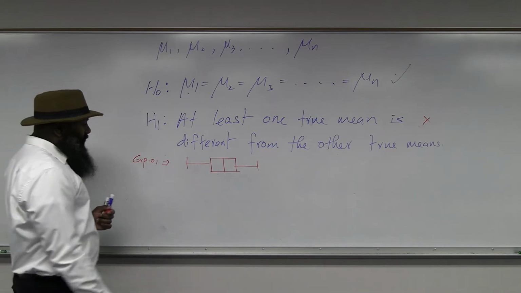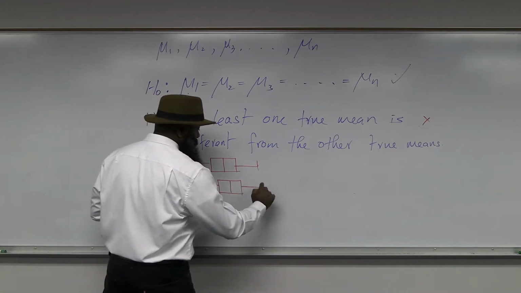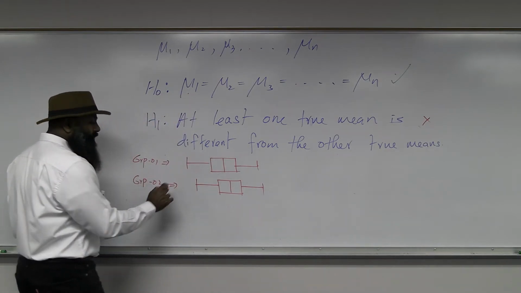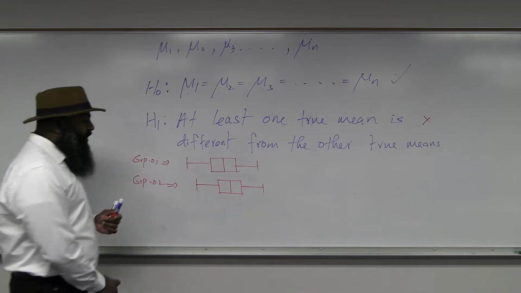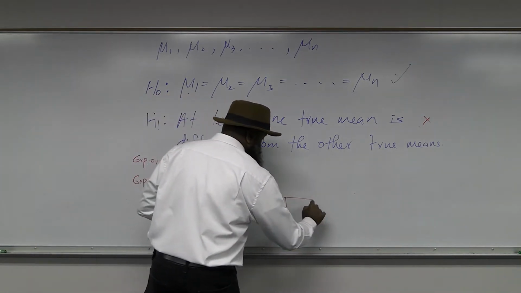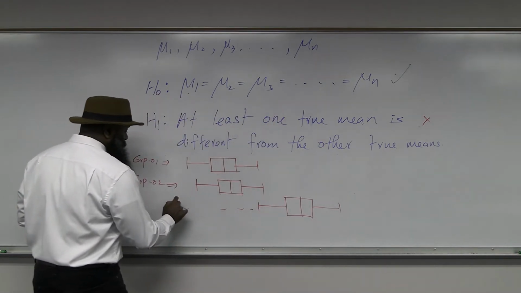We will also draw for the second group. This may be for group 2. And we also draw it for the third group. This is for group number 3.